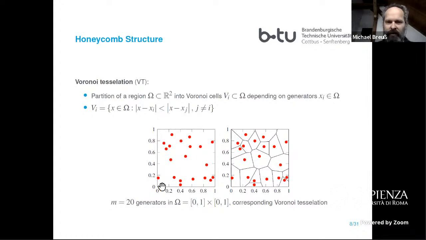But let me explain it a little bit. We just take the unit square, and we put in some seed points. I think these were 20 seed points, and then you build up the Voronoi tessellation from it. When you look at pairs of points in the right picture, you see that the boundaries that are built up are simply the boundaries that share the same distance to the adjacent points. This is how the Voronoi tessellation is built.